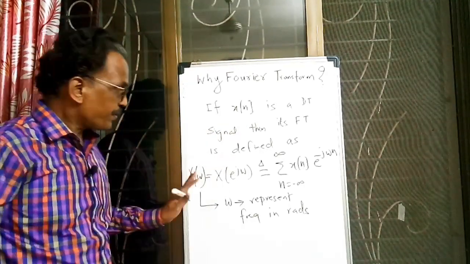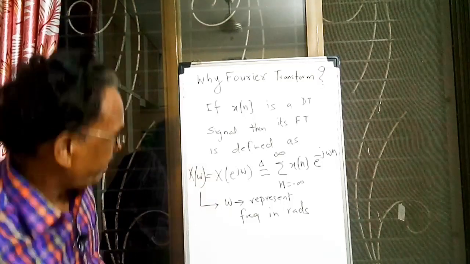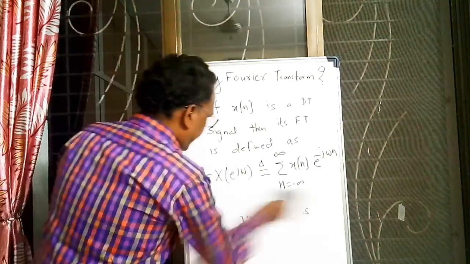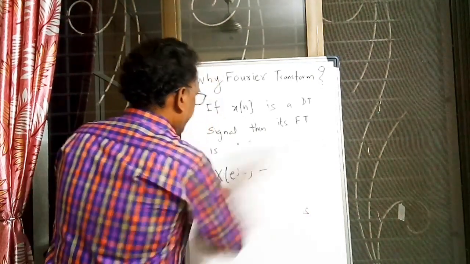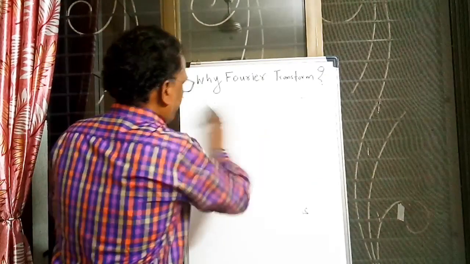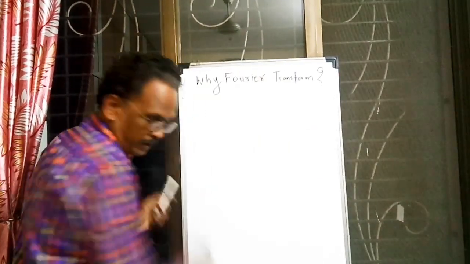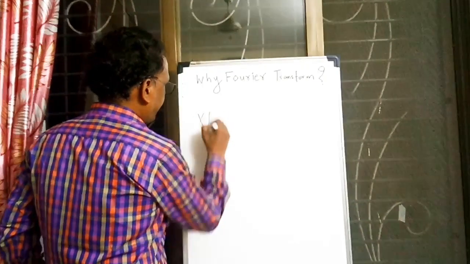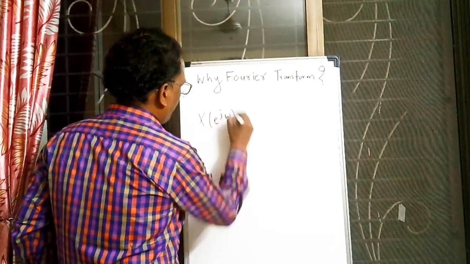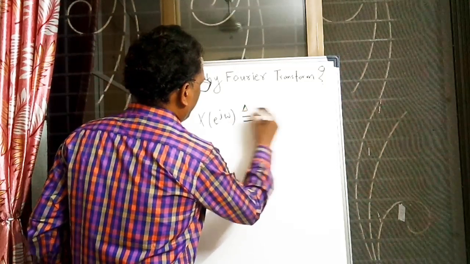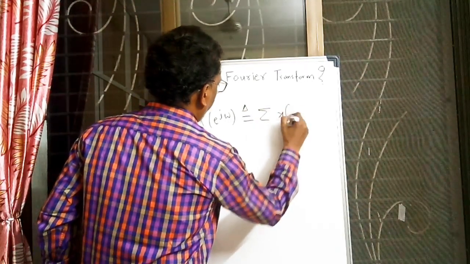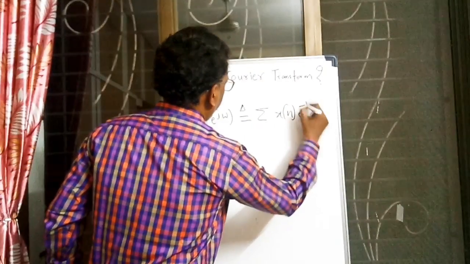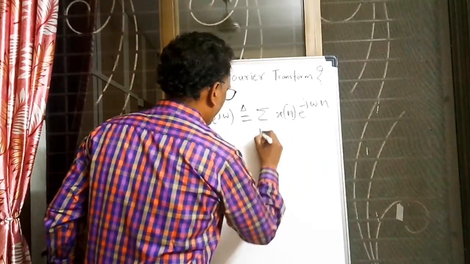Let us study this equation, what it is representing, in detail. Let us write that equation once again. X of e to the power j omega is equal to summation x of n e to the power minus j omega n for all n.